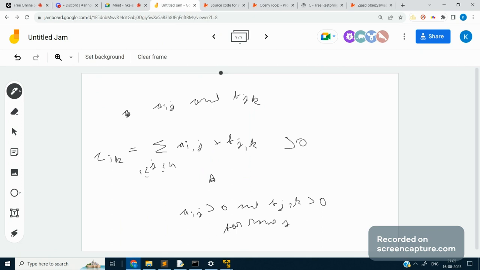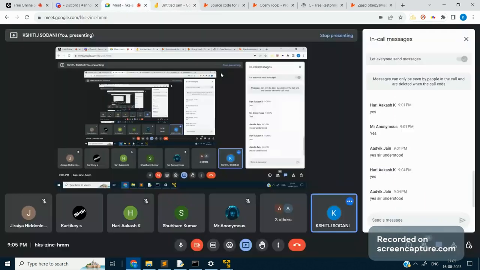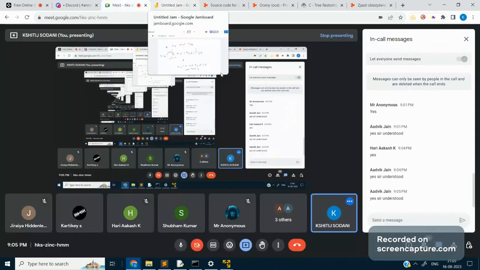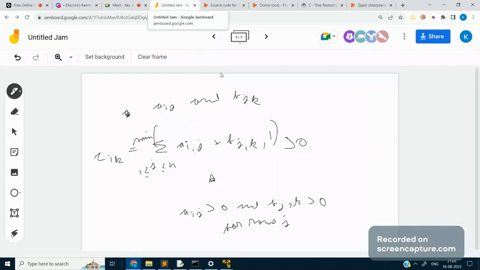So we can find an intermediate vertex to go from i to k in x plus y moves. Did you all get this part? And we also take min with 1, since we just need to check if a path exists and not count the number of paths. Okay.